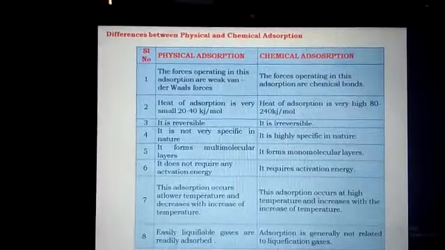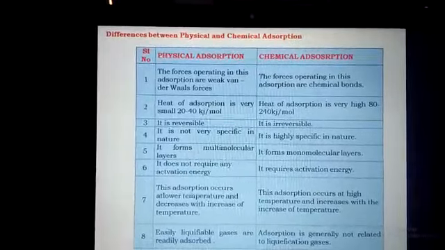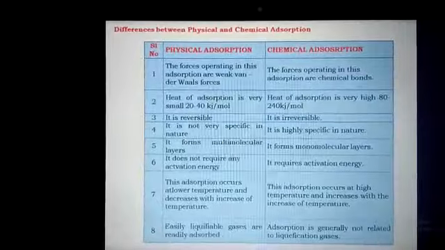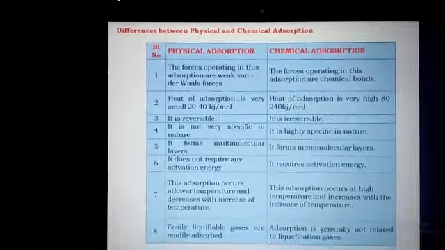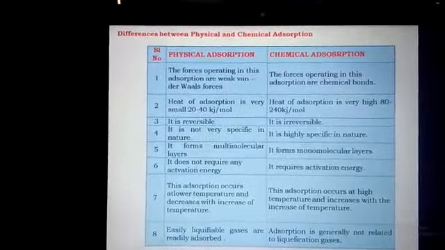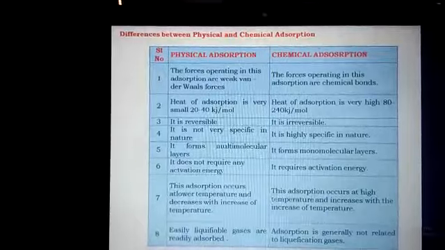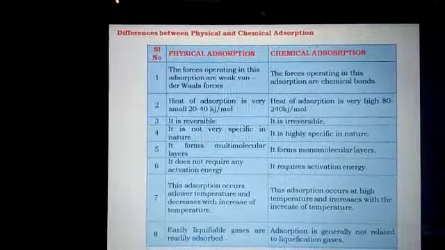Next, physical adsorption is reversible; chemical adsorption is irreversible. That means in physical adsorption both adsorption and desorption take place, but in chemical adsorption it is not possible. So physical adsorption is reversible, but chemical adsorption is irreversible.